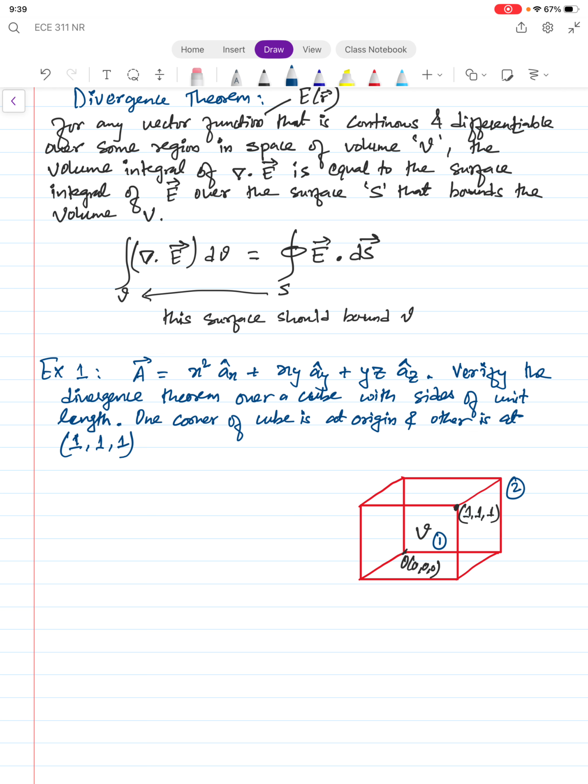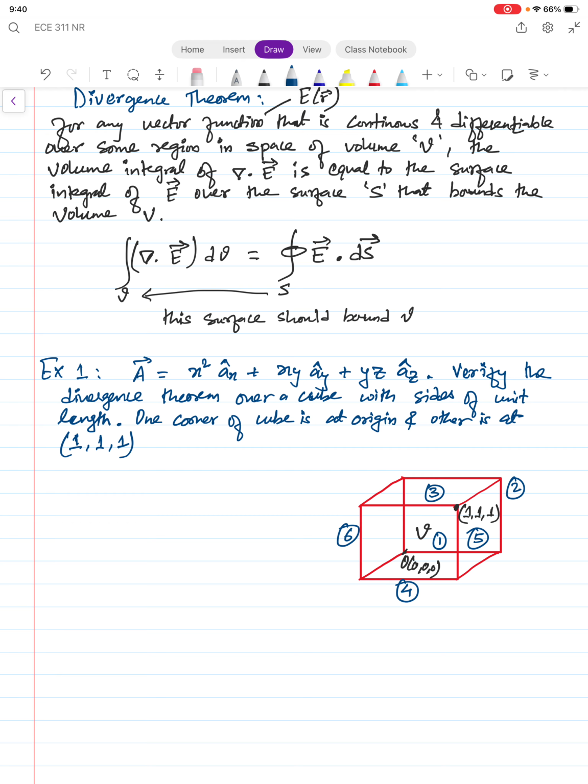Okay, and we have another face which is the top face, we have the bottom face, we have another face on the right side, and finally one more on the left side. So these 6 faces of the cube are bounding that volume, right? So when you consider the divergence theorem, then your surface has to be these 6 faces, because those 6 faces are the surfaces that are bounding the volume V, which is the volume of the cube.